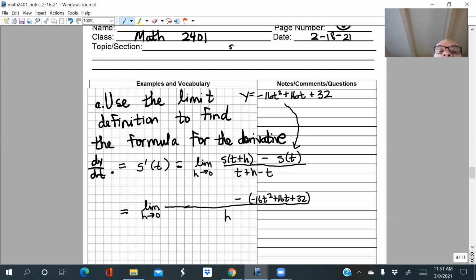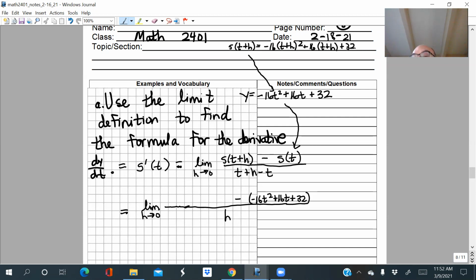So what is s of t plus h? Well, that's minus 16 times t plus h squared. So you're going to substitute t plus h for t, right, in this formula. So you have minus 16 times t plus h squared plus 16 times t plus h, and then plus 32.